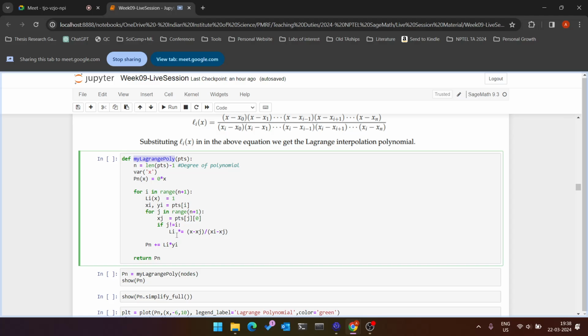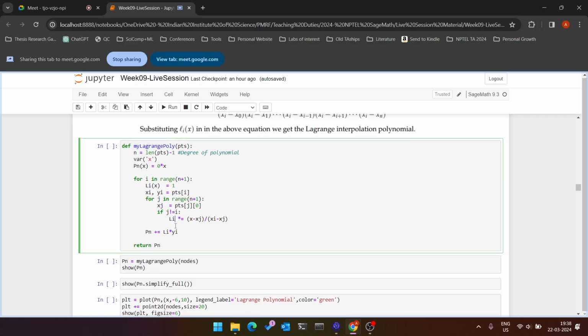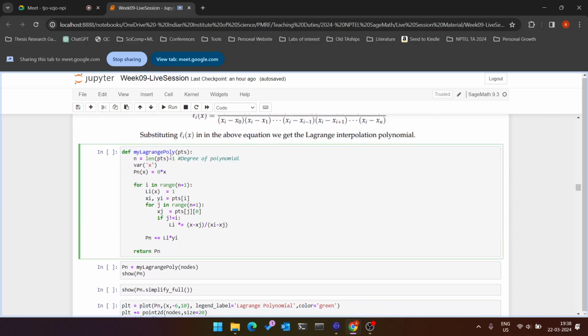So this will create my polynomial Li, a product of n terms, and each of these Li's, for each of these i we have one Li, will be multiplied with a coefficient yi and added to Pn. So this whole bunch of theory that we did here is written down in the form of a function, and then we return the function Pn.